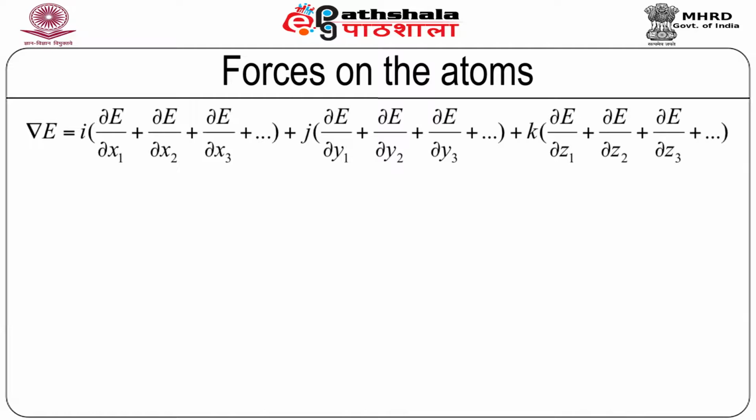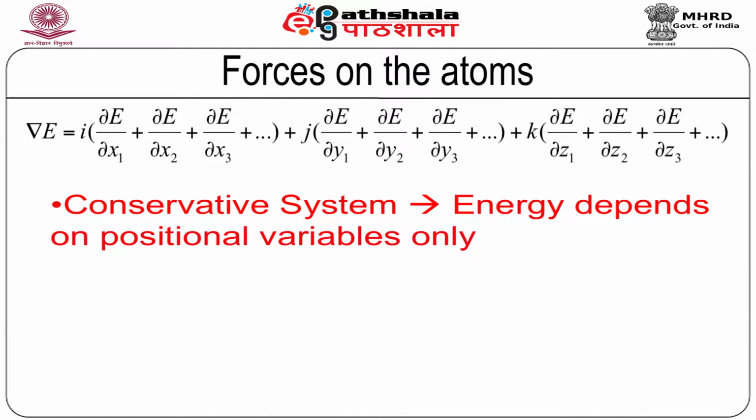So bond length energy can be differentiated, bond angle energy can be differentiated, and we can say that in a conservative system, the energy depends only on the positional variables, and our potential energy definition means it is a conservative system.